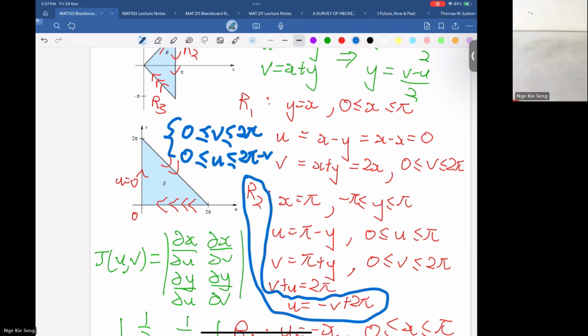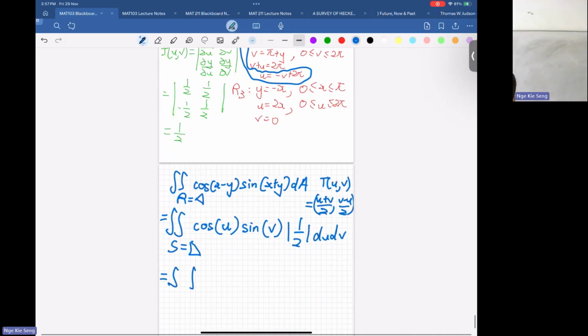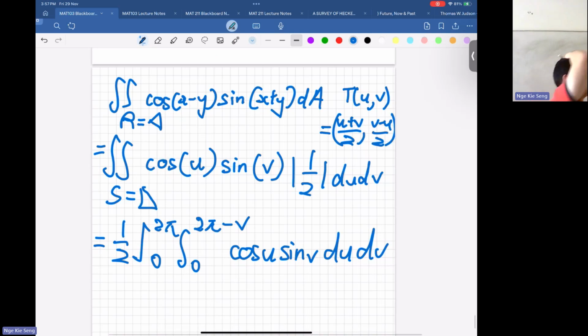So if we use this direction, we get half of the integral from 0 to 2 pi, 0 to 2 pi minus v, of cos u sine v du dv. Now this integral is easier to compute, because if you want to compute a partial integration on u, you just treat sine v as a constant and simply integrate.